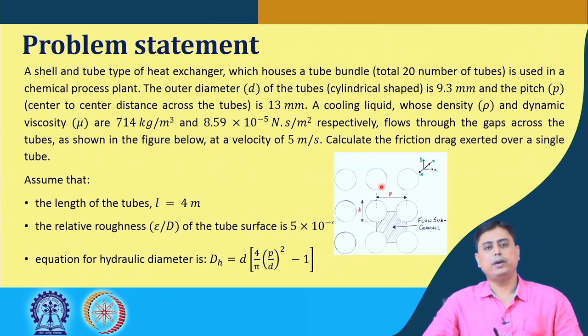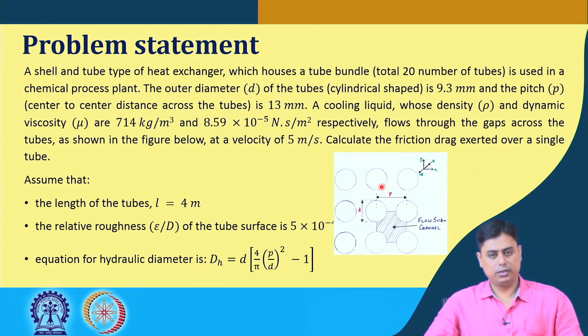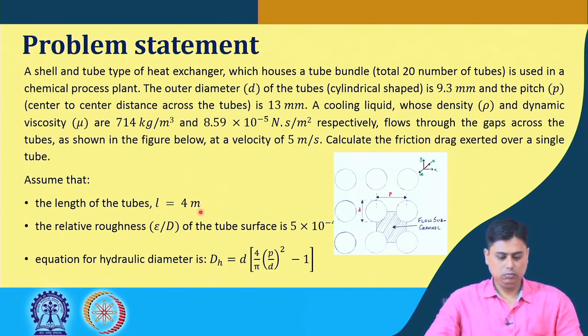So, basically we have to find the hydraulic diameter, or the equivalent diameter. In this case a few additional pieces of information are given to help you. One is that the length of the tube is 4 meters. The relative roughness of the tube surface is 5 times 10 to the power minus 4.